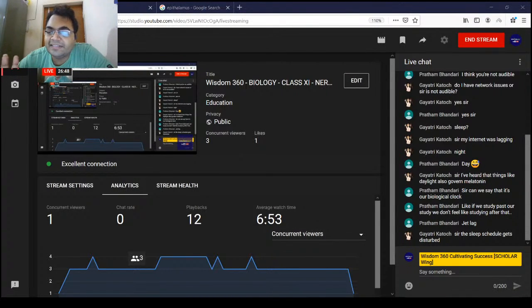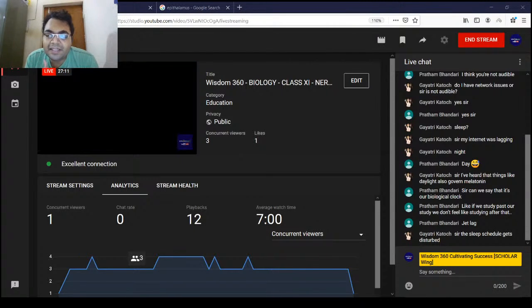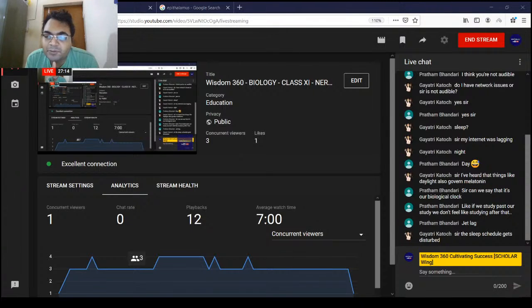What it does is it controls the secretion of oxytocin and vasopressin. These two hormones, vasopressin is also known as ADH, antidiuretic hormone, that comes in your NEET examination. I'll tell you about this function. This function is controlled by the supraoptic nuclei and the paraventricular nuclei.